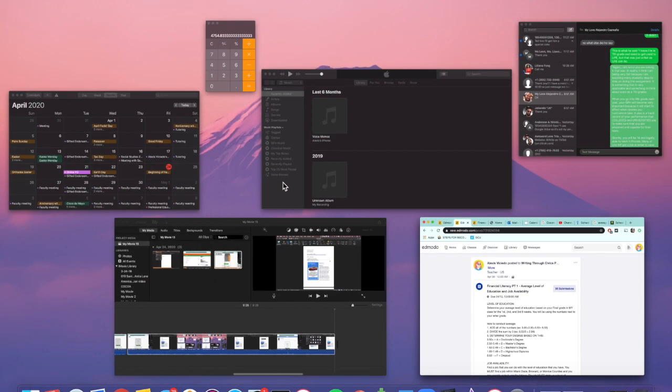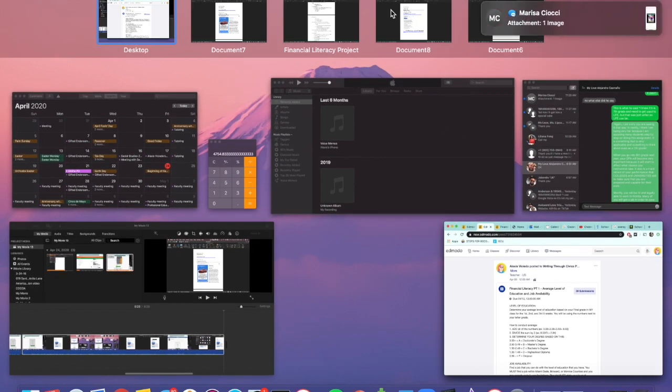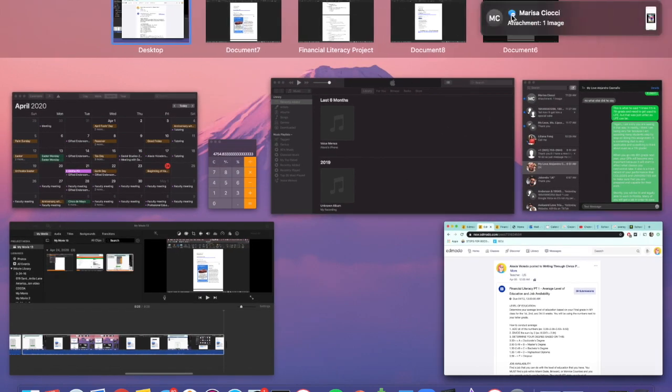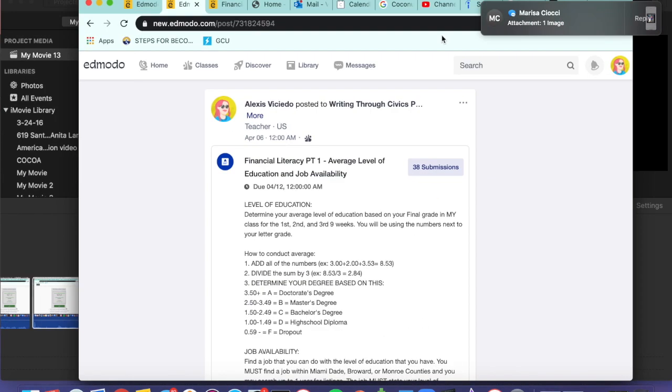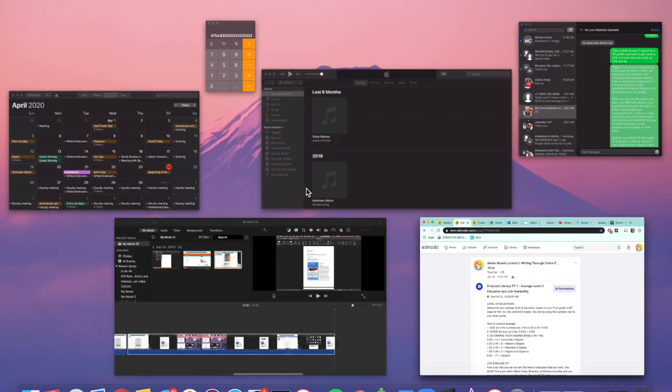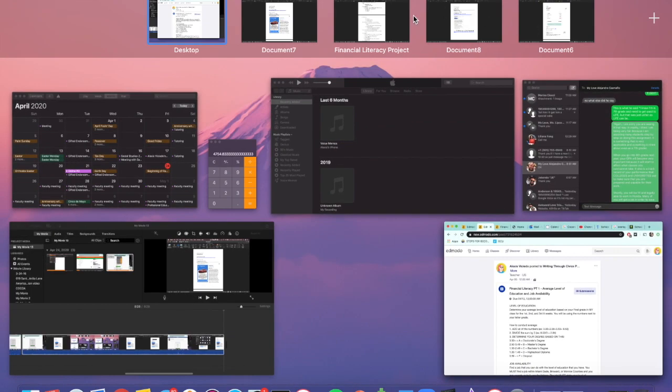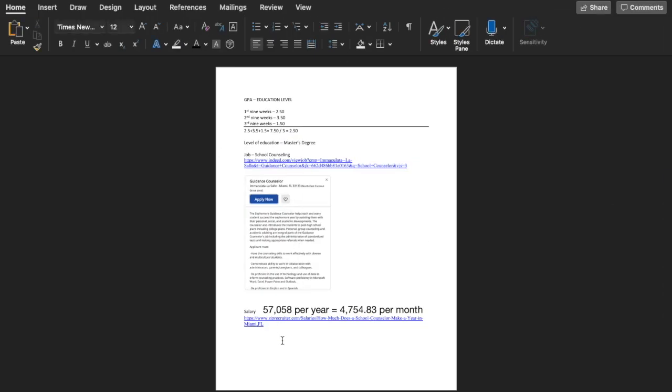Now, for part 2, we're supposed to have a housing budget, so I'm just going to show you how to do it with this number, because in that video that I posted initially, I hadn't found a job yet, so I just went off of a random number. So we know that it's $4,754.83 per month that we have to play with. Now we need to find our housing budget. Remember, this part is not supposed to be part of part 1. I'm just showing you this.